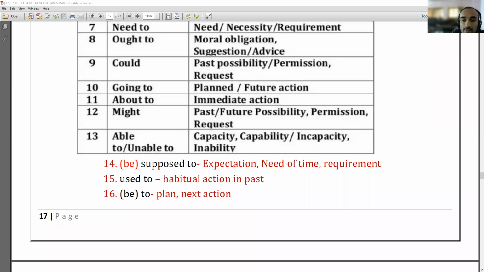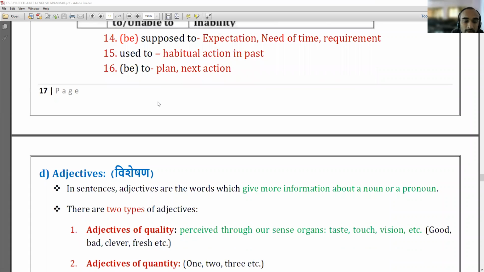Whatever nouns or pronouns are in a sentence, an adjective is a word which gives more information about that noun or pronoun.